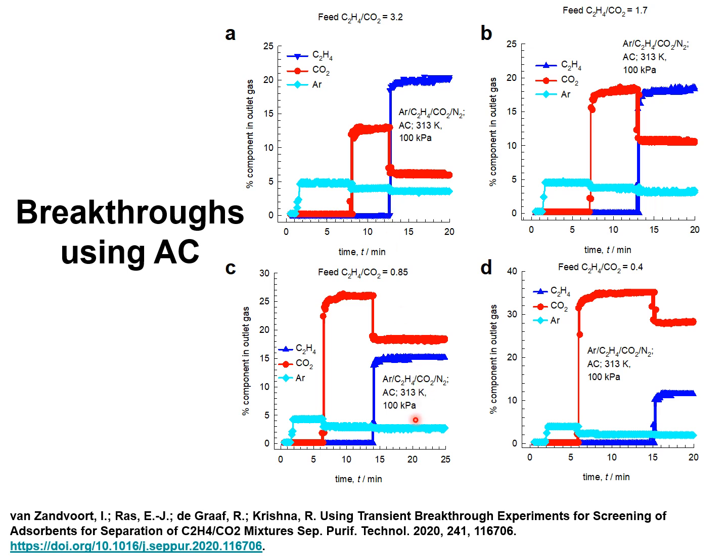This implies that C2H4 is the component that is most strongly adsorbed, and the adsorption selectivity of C2H4 to CO2 is larger than unity for all four feed mixture compositions.